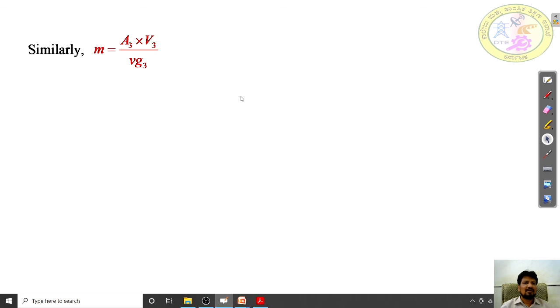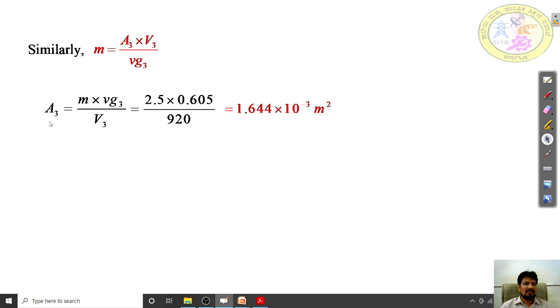Similarly, at the exit condition, we know that mass is equal to A3 V3 divided by Vg3. This is the formula for calculating the mass flowing through the exit condition. Therefore, to calculate the area at the exit, A3 is equal to, by cross multiplication, m into Vg3 divided by V3.